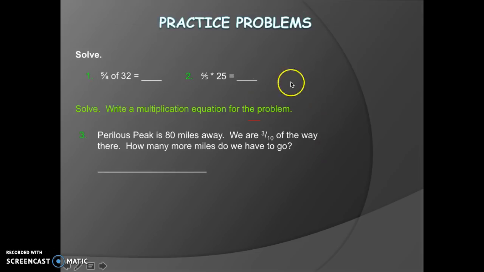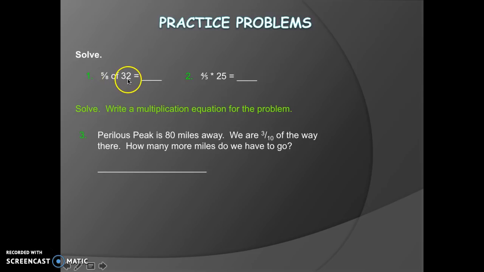All right, so here are your practice problems. Remember to use the heading practice problems. You're going to copy these 2 down with the answer. You do not have to copy number 3 down, just give me the answer. So remember, 5/8 of 32 means the same as multiply.